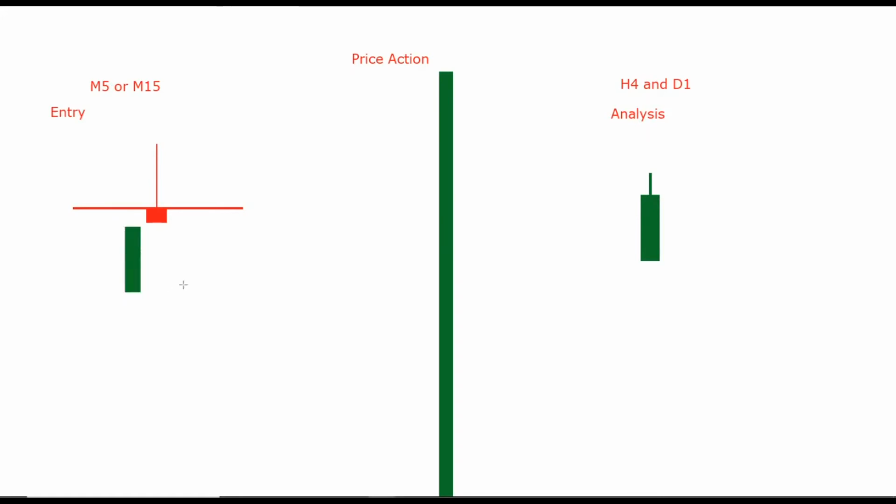My focus is not on M5 or M15. My focus is on H4 and D1. Why do I focus on H4 and D1? Because D1 and H4 are the pioneers of the trend and the market behavior.